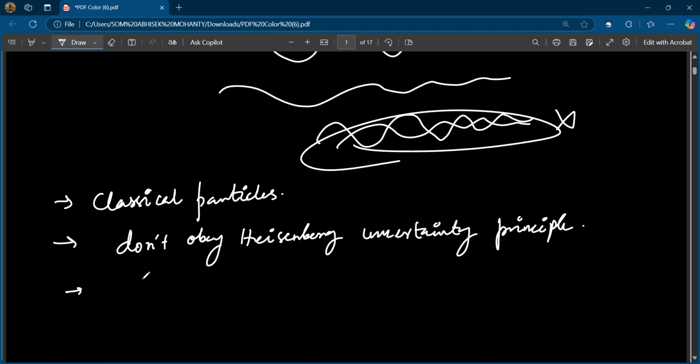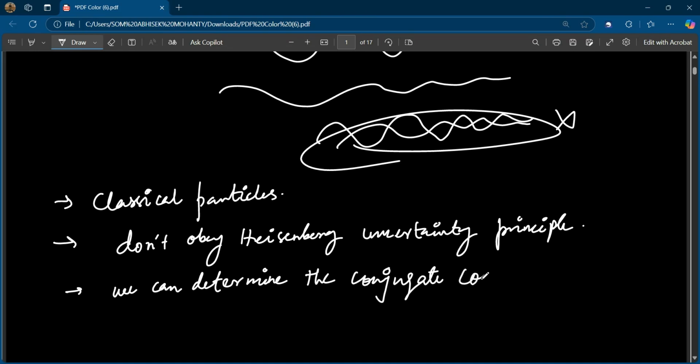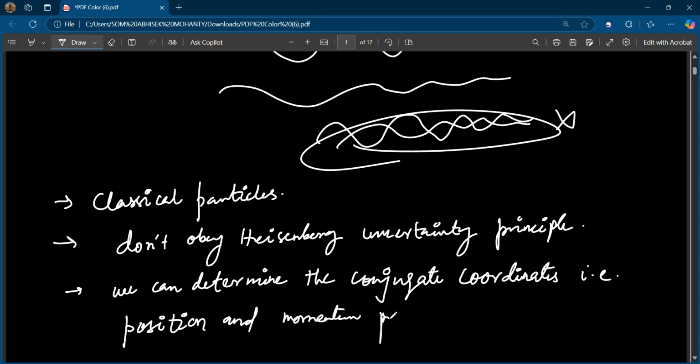That means we can determine the conjugate coordinates, that is position and momentum, precisely at the same time.